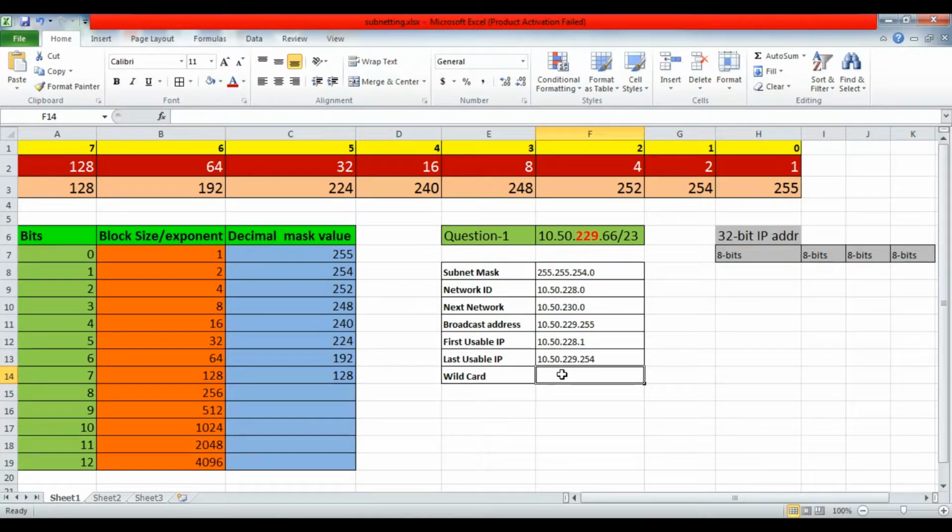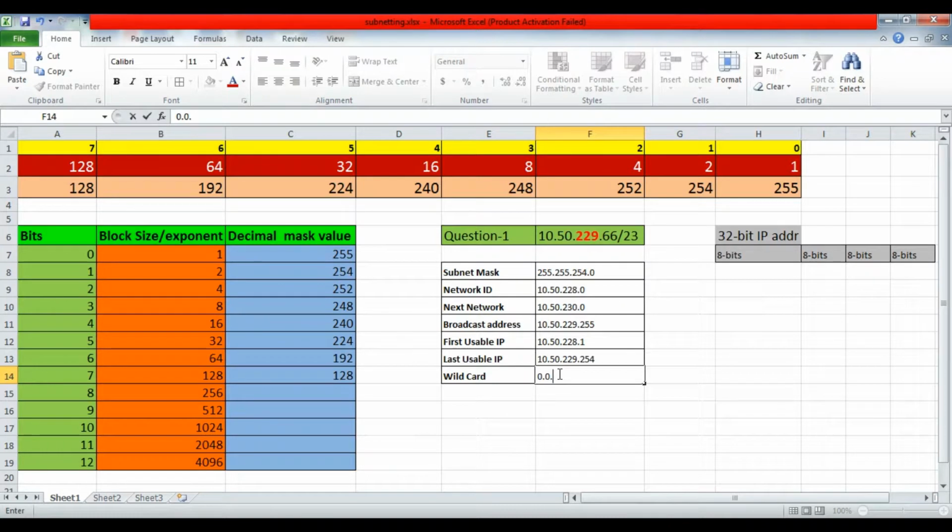For wildcard, you simply subtract this subnet mask from 255.255.255.255. The first octet will result 0. In the second octet, 255 minus 255 is 0.